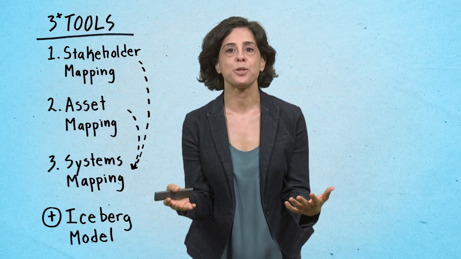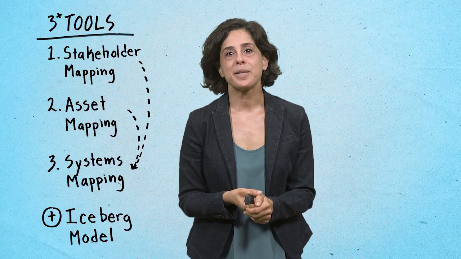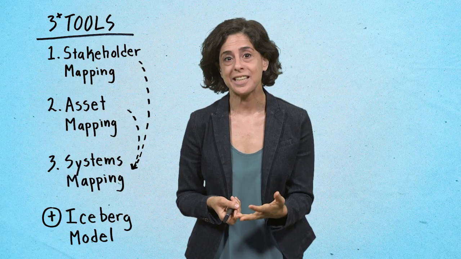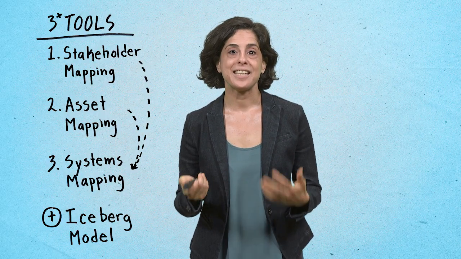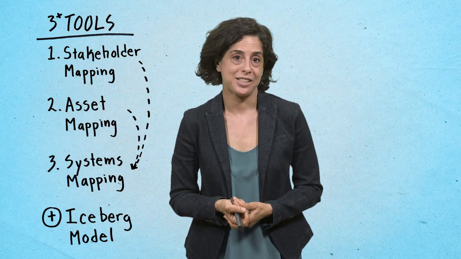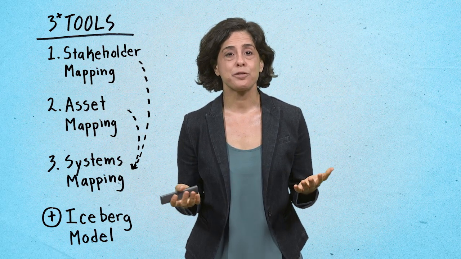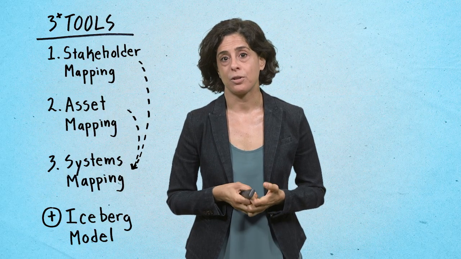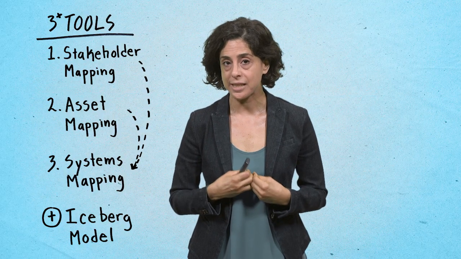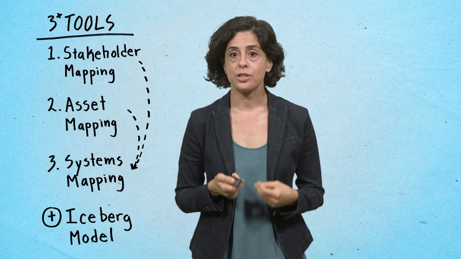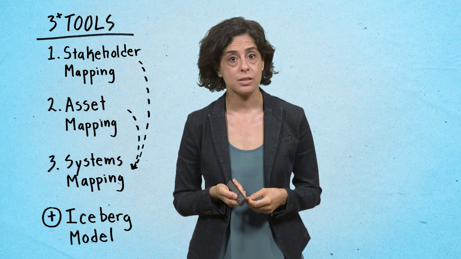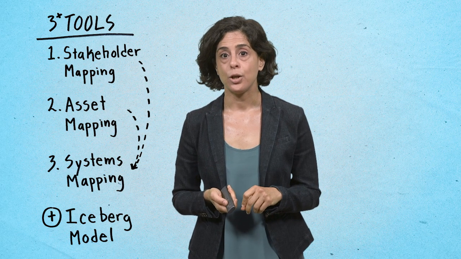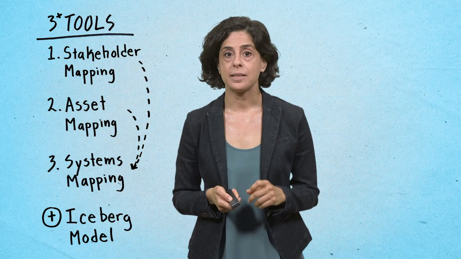So I'm sharing them with you not to give you more work, but because if you're going to go out there and have all these conversations, it helps to have a way of pulling it all together as you take steps towards identifying pathways to change. So you can feel free to use any one of these or all of them or others you may come across, and they'll help you link your understanding of the problem to your understanding of potential solutions, and most importantly, who you'll need to work with to design and implement those solutions.